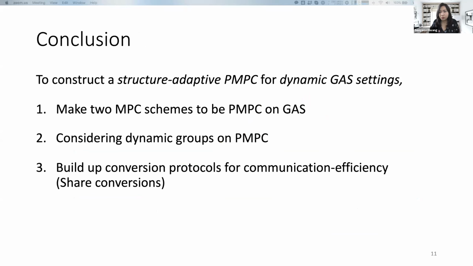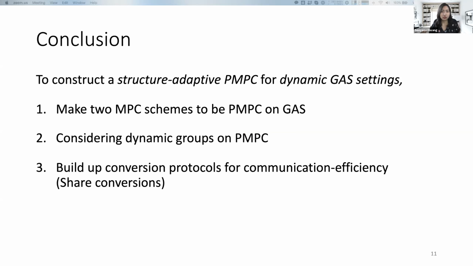To summarize, we make two different secret-sharing-based MPC schemes on GAS into proactive MPC by adding two protocols, refresh and recover, and make them work on dynamic groups by adding the redistribute protocol.